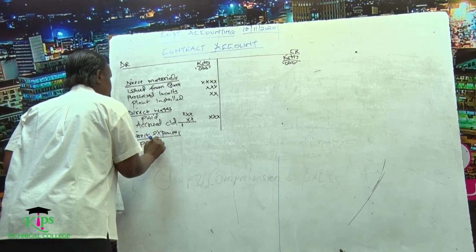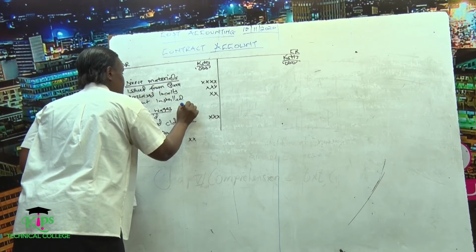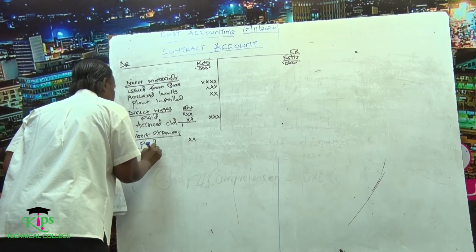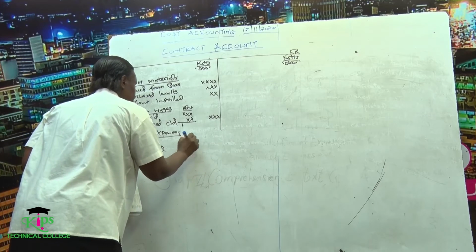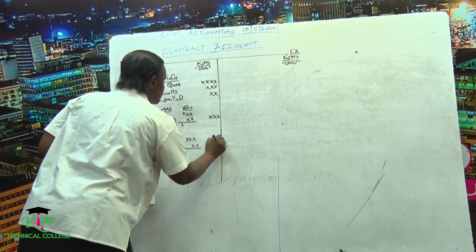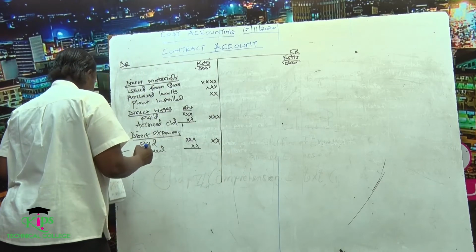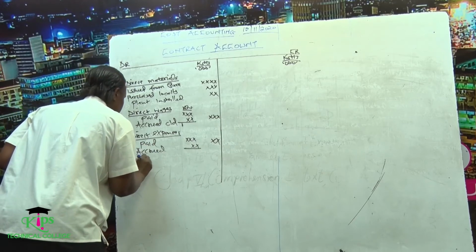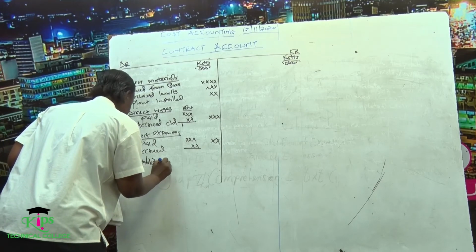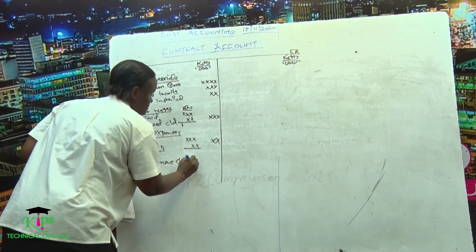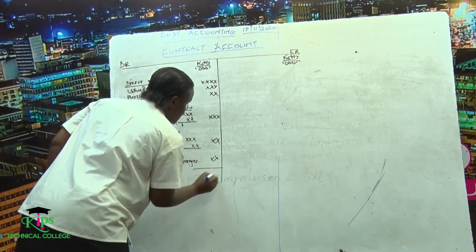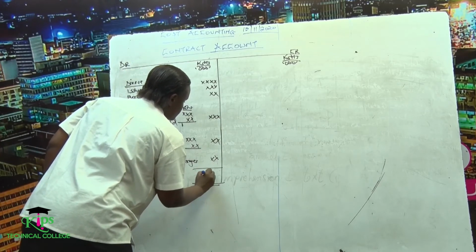We write the paid, we add accrued, and write the total. Then we have the establishment charges. Then you get a total.